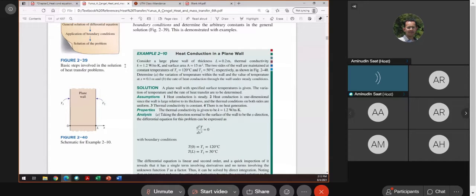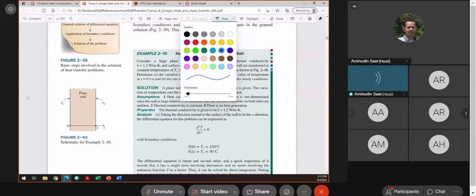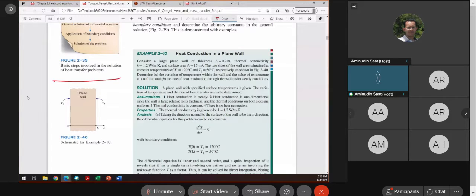From the example we try to understand the problem by drawing the schematic. So this is the schematic of the problem. You have a system, which in this case is a plane wall.